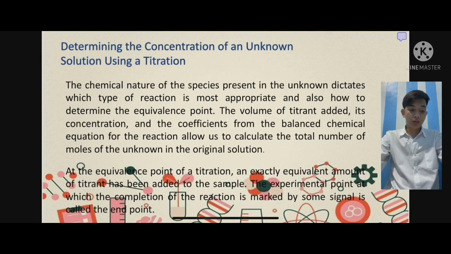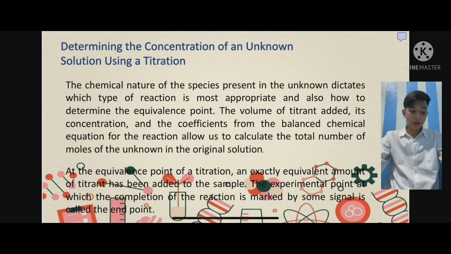Determining the concentration of an unknown solution using a titration. The chemical nature of a species present in the unknown dictates which type of reaction is most appropriate and also how to determine the equivalence point. The volume of titrant added, its concentration, and the coefficient from the balanced chemical equation for the reaction allow us to calculate the total number of moles of the unknown in the original solution.